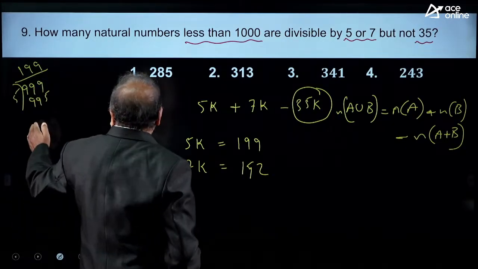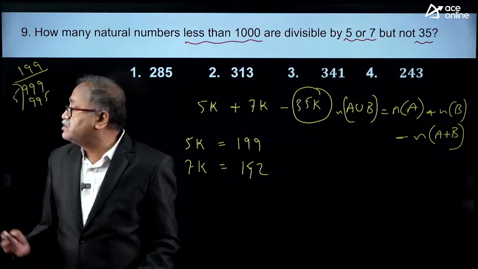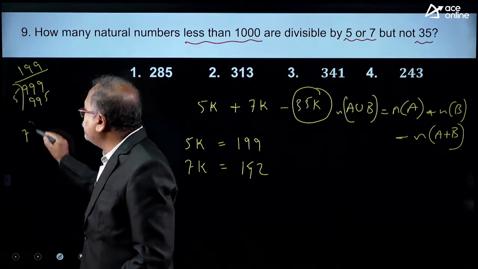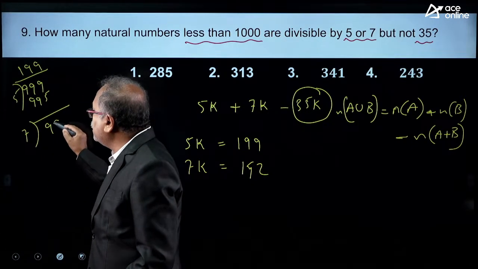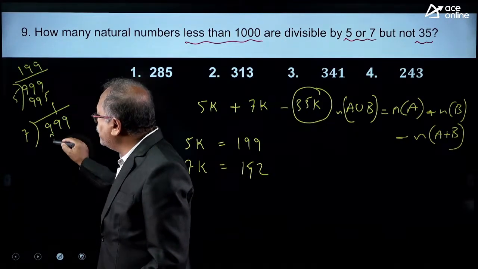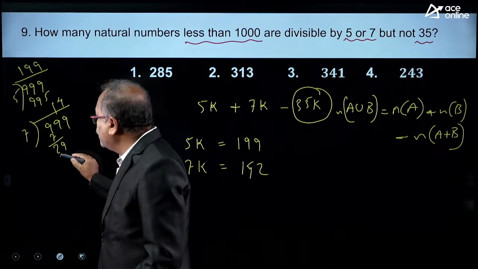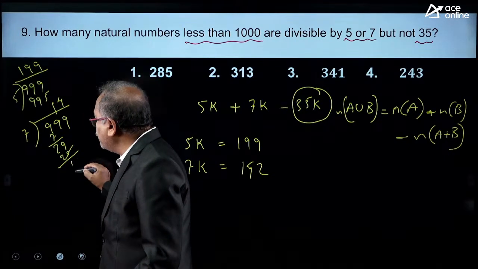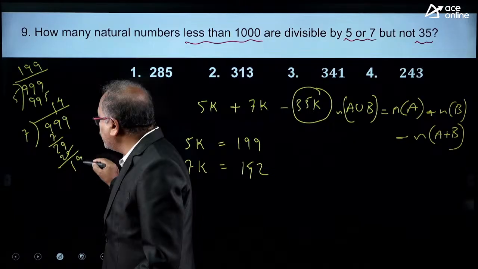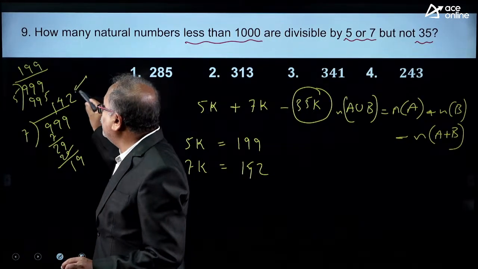I will go with the same method: 7 will be my divisor and 999, and check. 7 times 142 is 994, so I am getting 142.